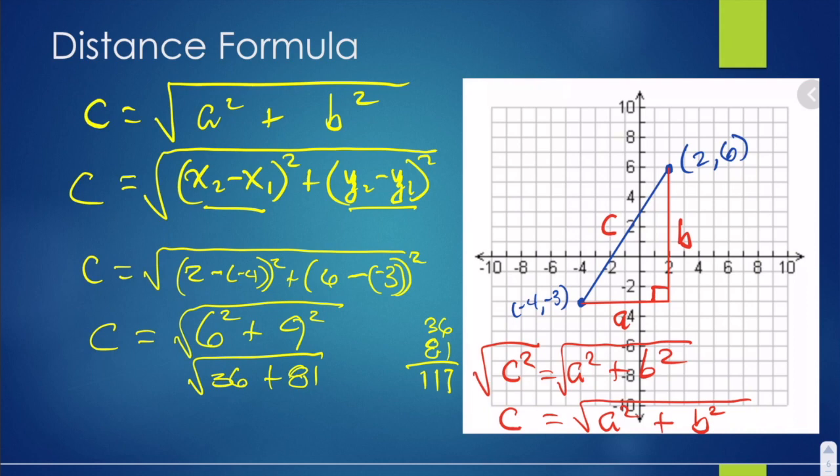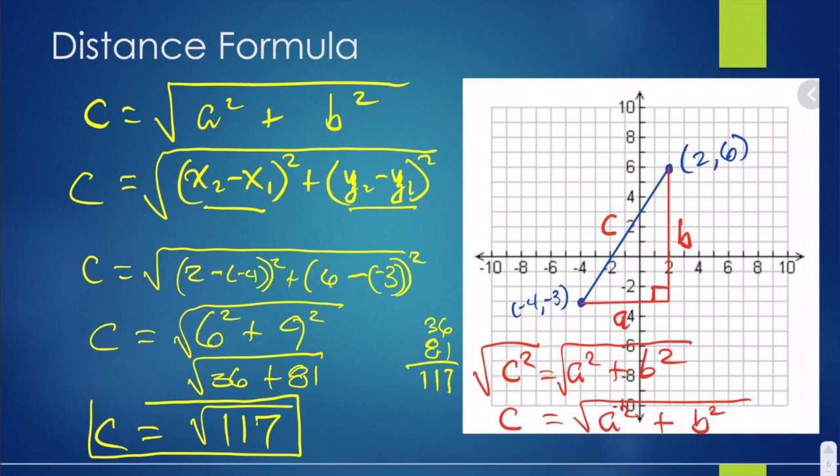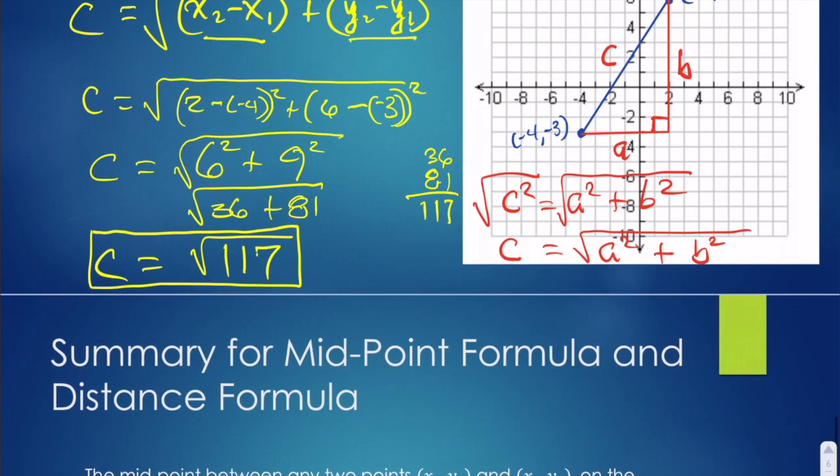So the square root of 117 is the exact answer that gives me the distance from (-4, -3) to (2, 6). And that's the distance formula. In this case right here, I'm not thinking about whether that is simplified or not, but the exact answer becomes the square root of 117.